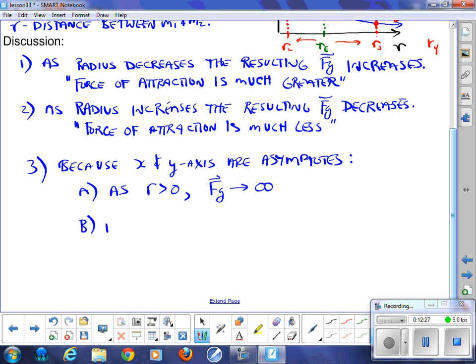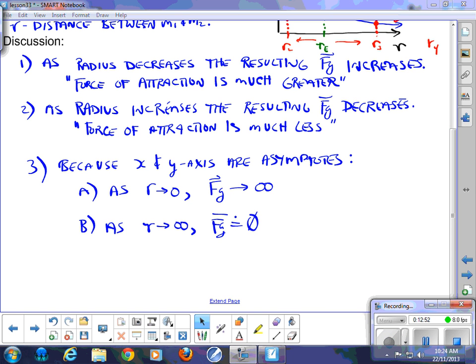B, going the other direction, as r gets really big, let's say it goes to infinity, 1,000,000 or 1,000,000,000, the force due to gravity will approximately be 0.